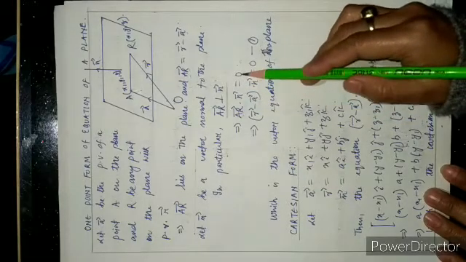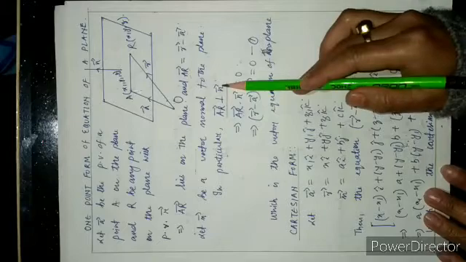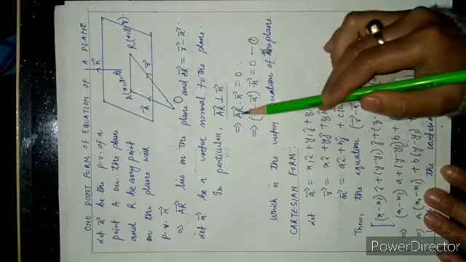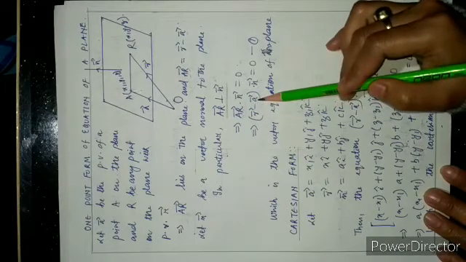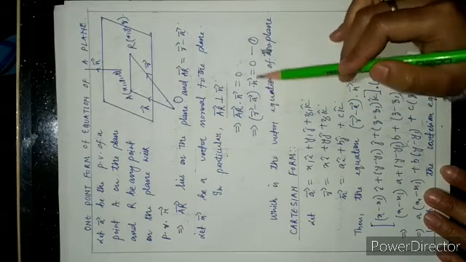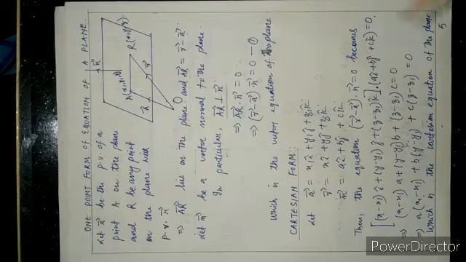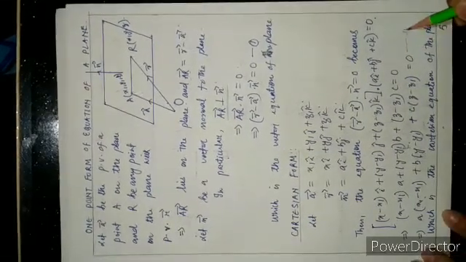AR vector dot N is 0 because the angle between AR and N vectors is 90 degrees, and cos 90 is 0. Then write the position vector of AR: position vector of R minus position vector of A dot N vector equals to 0. This is equation 1, the vector equation, and in the second case we get the Cartesian equation.